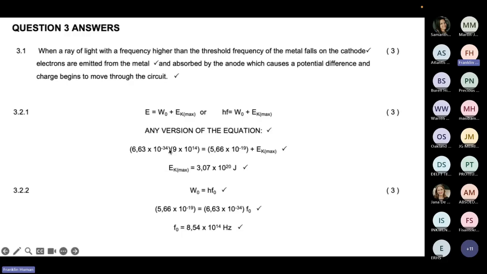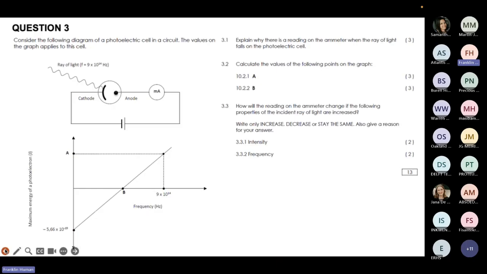Substituting values into that equation as we did previously. This is the second time we're doing a very identical solution. To calculate the maximum energy, you get the value of 3,07 times 10 to the power 20 joules. So that's for A, and let's look at B.